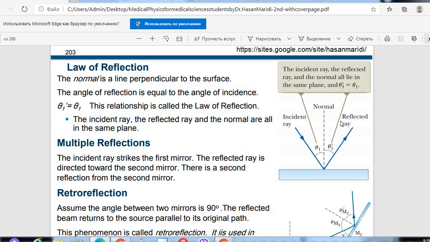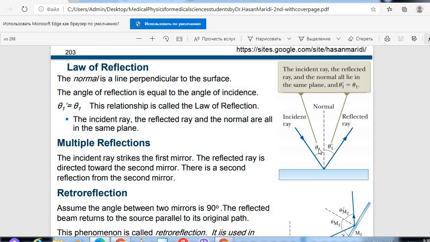It's a basic law of optics. The incident ray, the reflected ray, and the normal to the surface, to the border of two media, are lying in the same plane, and theta 1 equals theta 1 prime. The angles of reflection and incidence are equal.